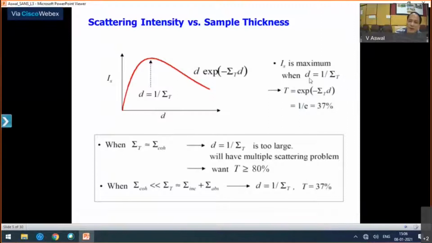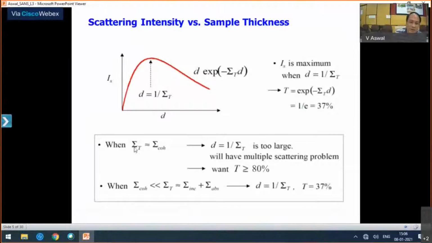And if you put this value of d here, it will be 1 upon e. So your transmission is 37% when your intensity is maximum. So ideally, if from a given sample you want to get maximum intensity, then your transmission should be around 37%, and your corresponding thickness will be 1 upon sigma t, the total cross section.